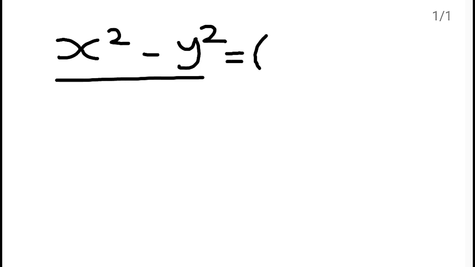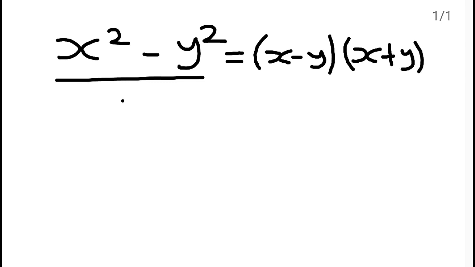We shall have x squared minus y squared. This is what is called the difference of two squares, and that is equal to x minus y multiplied by x plus y.